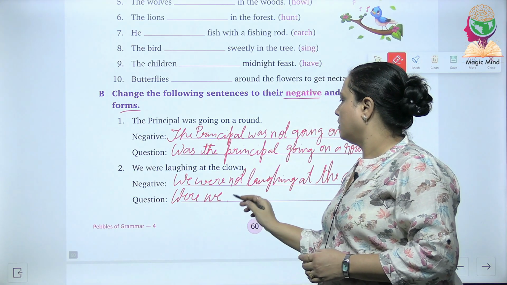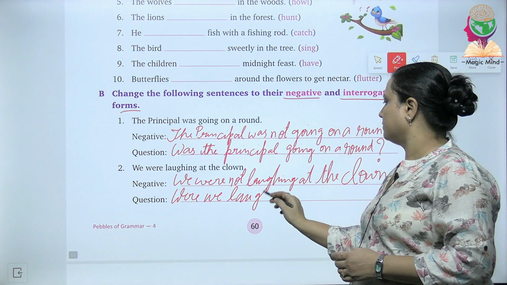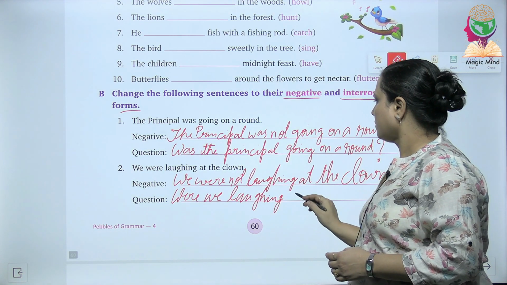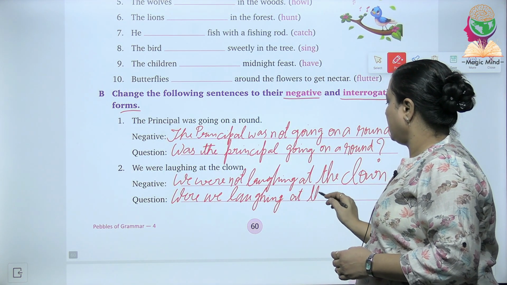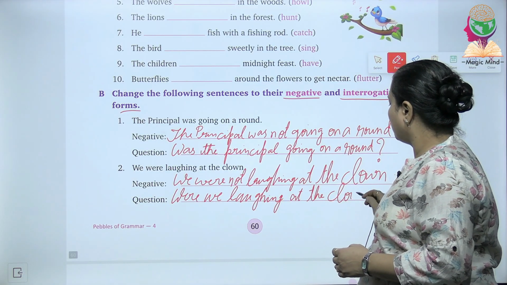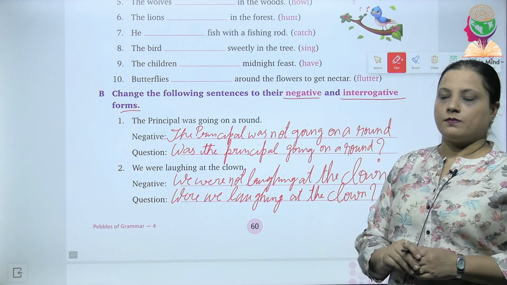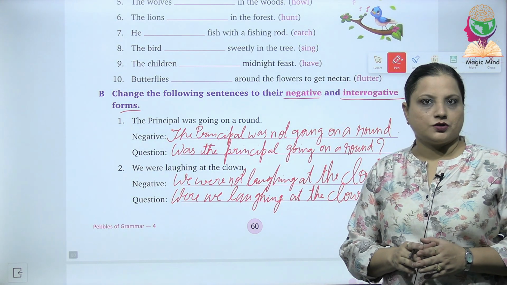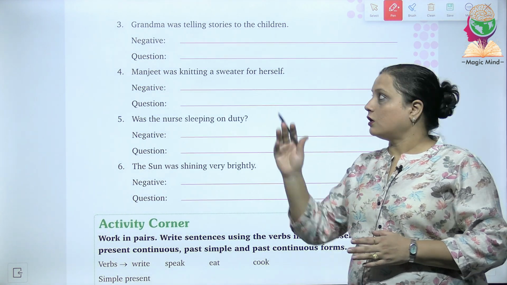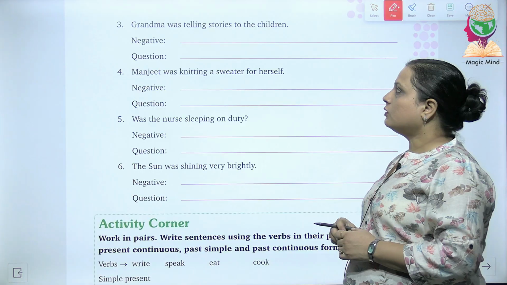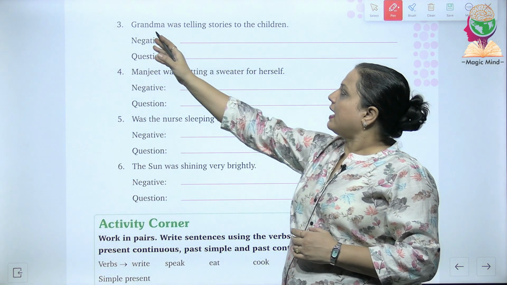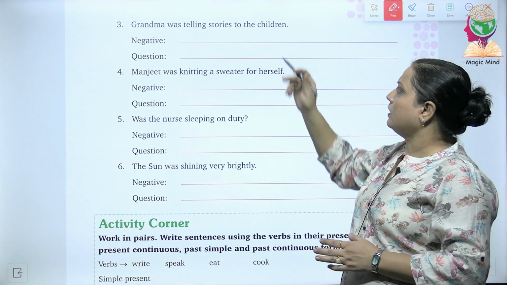Were we laughing at the clown? C-L-O-W-N. And at the last, we will put a question mark. Let's now move to the next page. The next page has the third one. The third one sentence is Grandma was telling stories to the children.